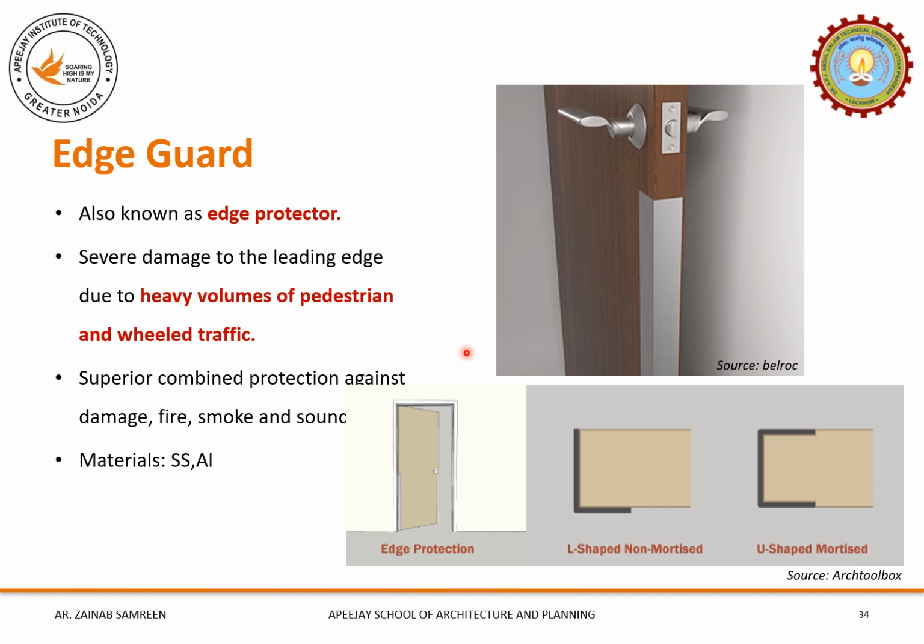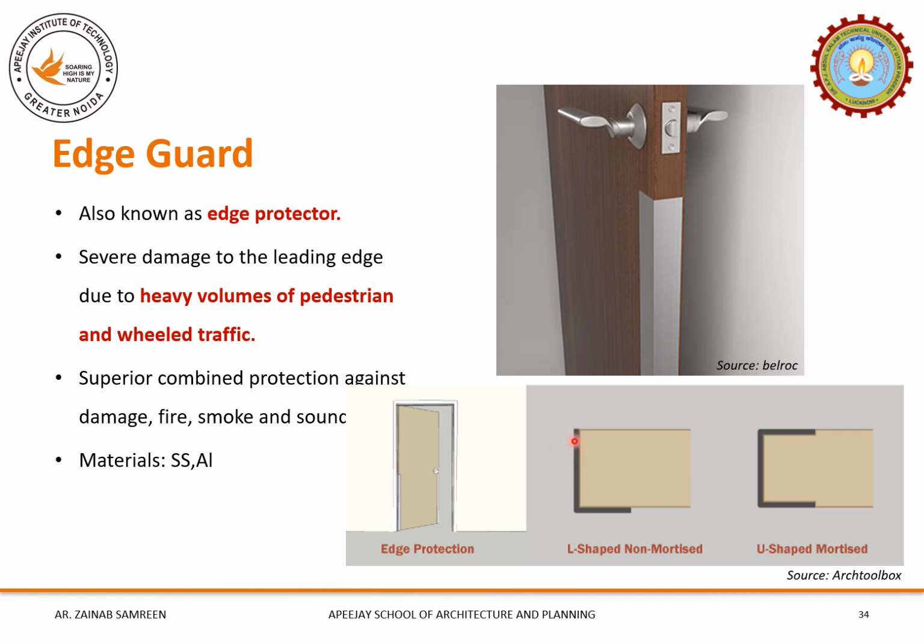It basically comes in stainless steel, aluminum, or plastic. And there are two types of edge guards available. One is caps and the other is angles. Angles are L-shaped and they will protect only one corner of the door edge. This corner is protected.